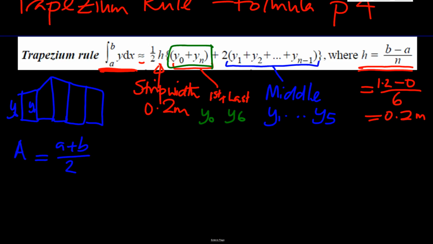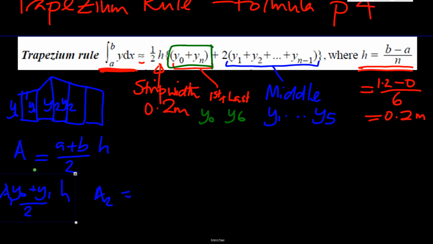And our A2, the area of our second strip, if that's A1 in there, that will be A2 in here. So A2 would be y1 plus y2 over 2 times h, and A3 would be y2 plus y3 over 2 times h.